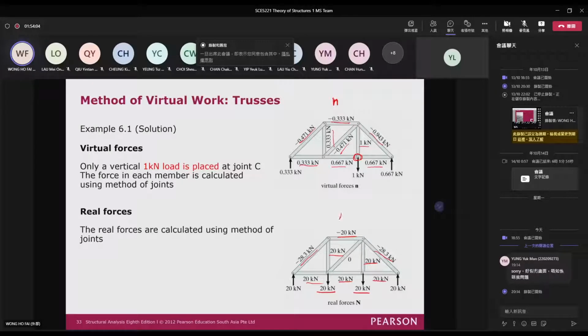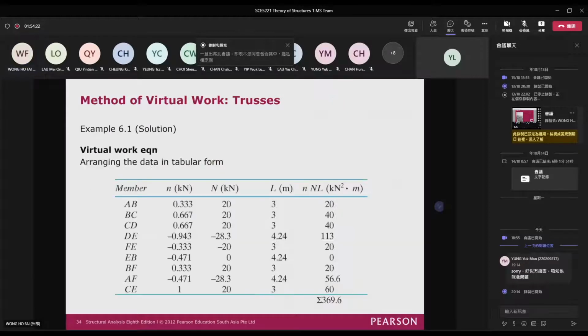And for this one, we indicate that all the member forces are equal to the capital letter N. Then after finding all the member forces, we will list them in the table. So for here, you can see that this is the member force due to the virtual force n. And the capital letter N is due to the real load.